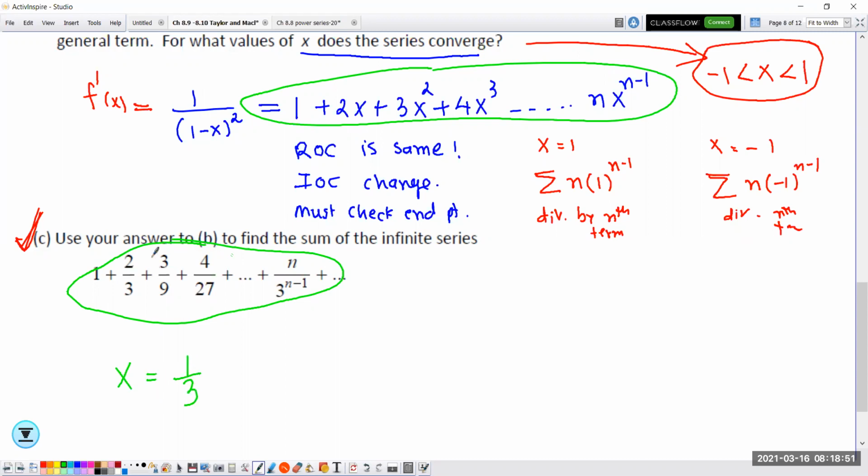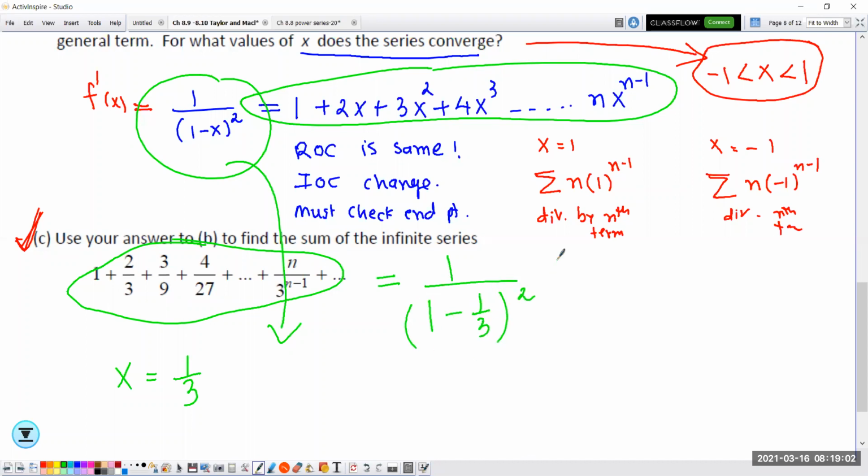So what's the sum? 1 over (1 minus 1/3) squared. That's the answer. It's too simple, and you can stop here. Do not simplify. Only if it is a multiple choice question do you simplify. The answer is 9/4.